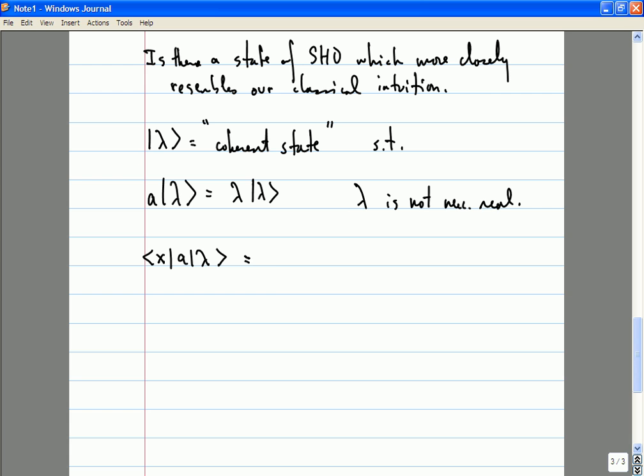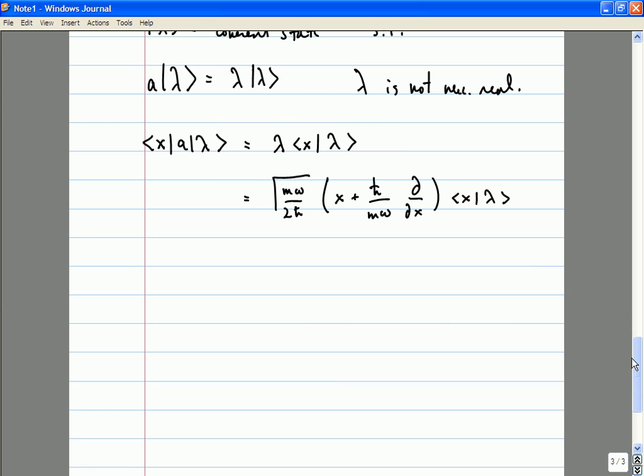So again, this is determined by just taking the inner product of the defining equation for the coherent state with x, and then the left-hand side of this equation can be written in a position space basis using the representation of A as a differential operator.